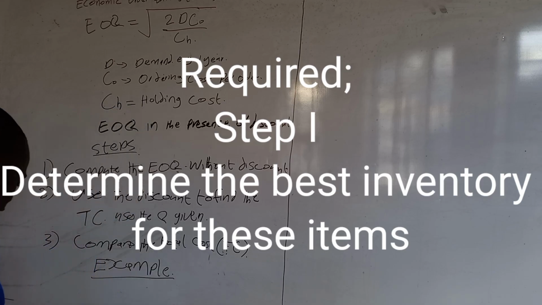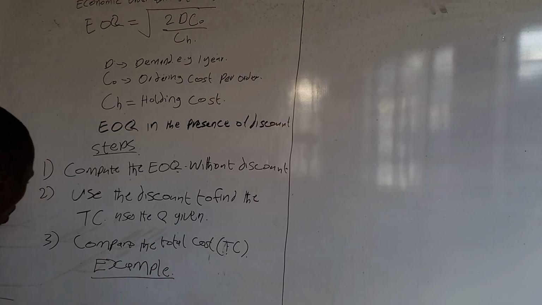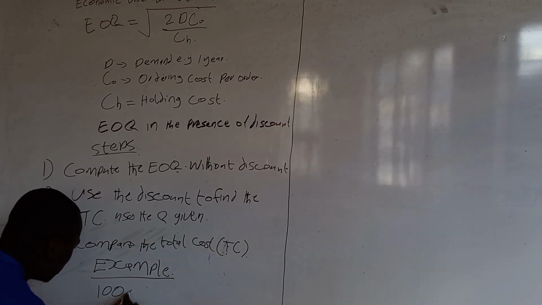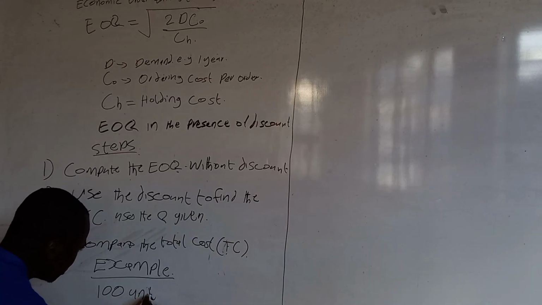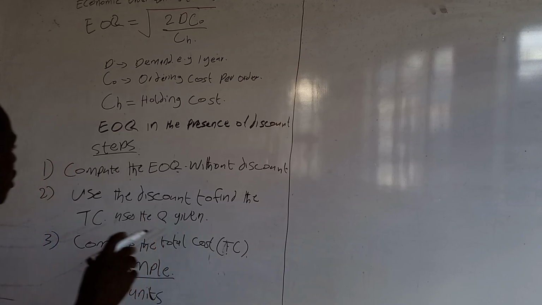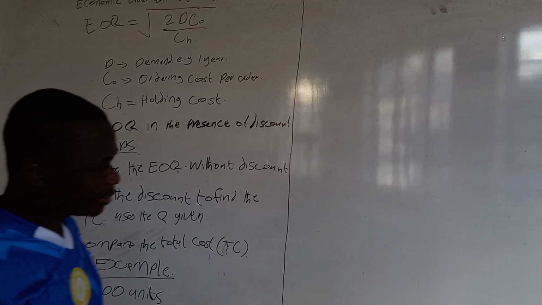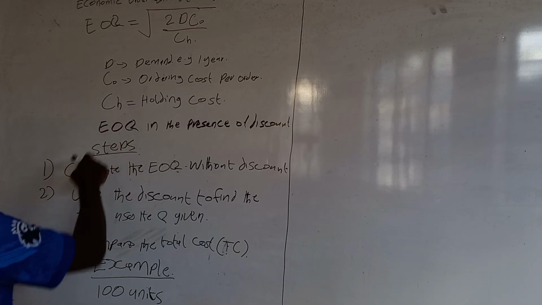You see, at this point, you are being told that to buy at a discount, you need to order 100 units. But we also have our system, which is EOQ. How many units are we going to be ordering when we are using our system, EOQ?